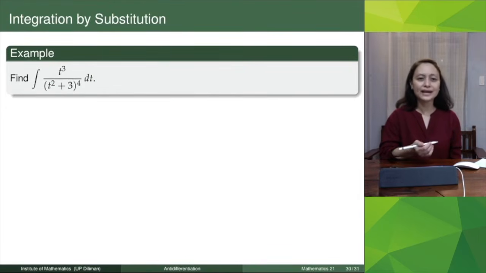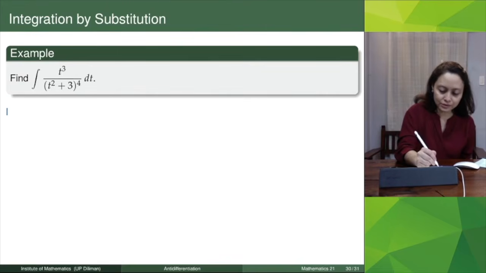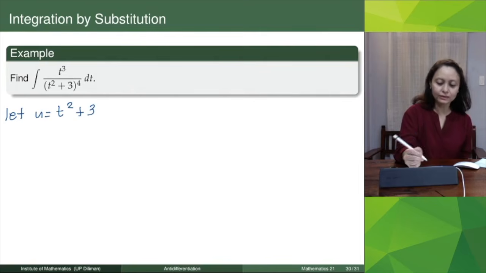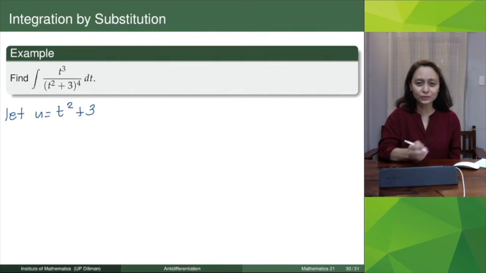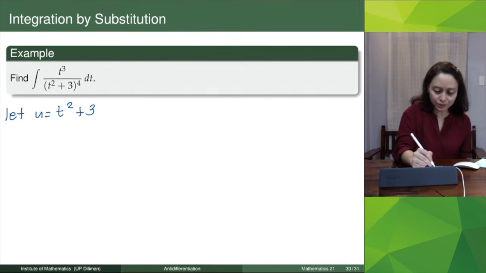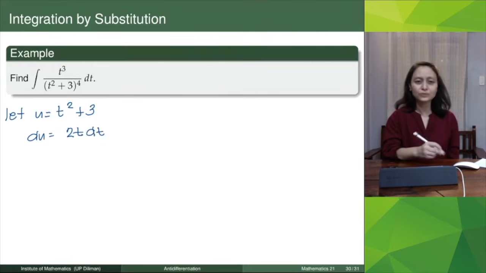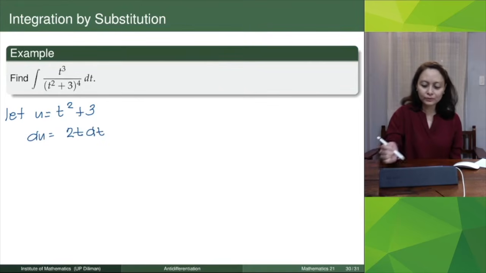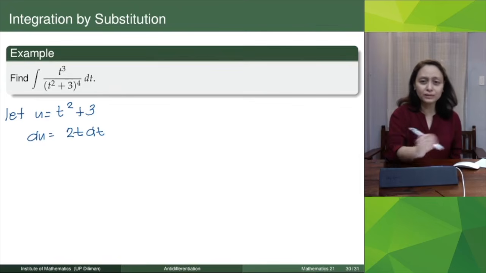Next, we want to get the antiderivative of t cubed over t squared plus 3 raised to 4 dt. Sige, so, piliin natin ang u na t squared plus 3. Okay, so sana lumabas yung t cube sa du. Tingnan natin. du is 2t dt. Okay? So, kulang pa. Meron tayong t cubed dt.